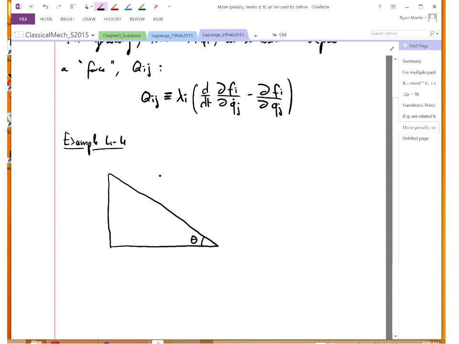On the inclined plane, we have a hoop. So this is a hoop of mass m and radius capital R, and it's rolling without slipping down the incline.